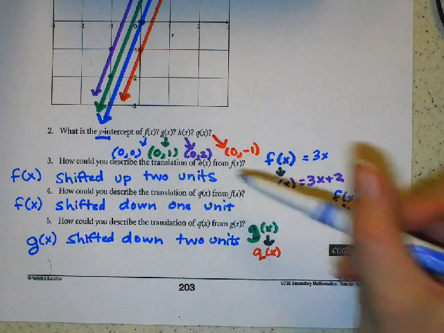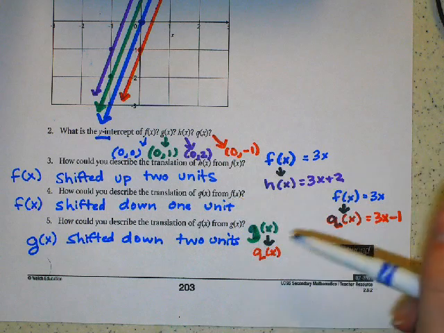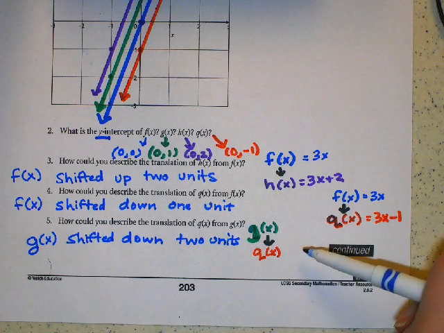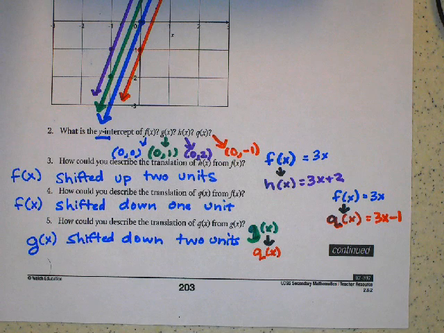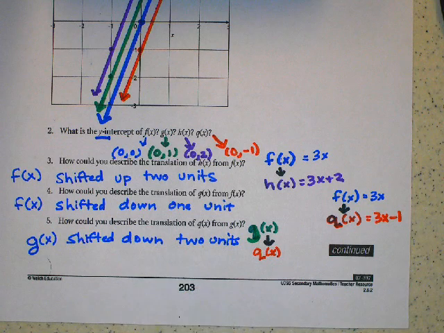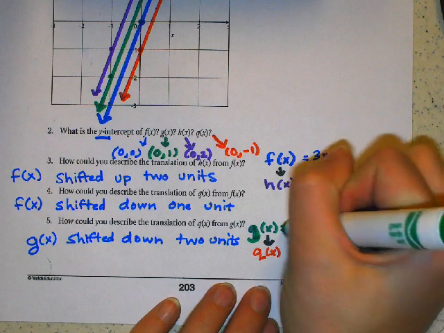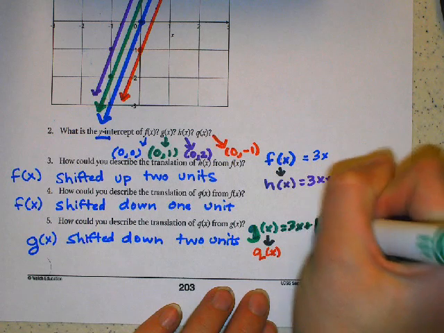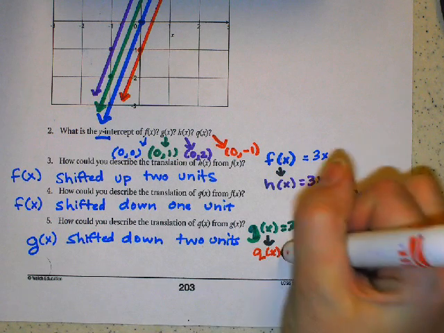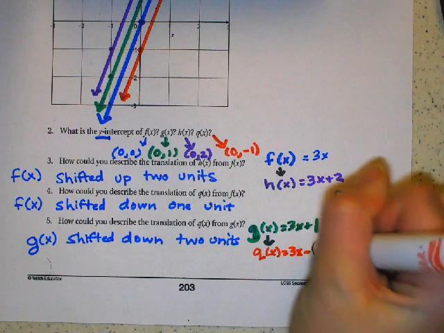Now, based on what we've seen above for these two, maybe we would see an equation with a minus 2. But it's going to look a little different, and I want to see if you can figure out why. So if I look back at the top of my page, g of x was the equation 3x plus 1, and q of x was the equation 3x minus 1.